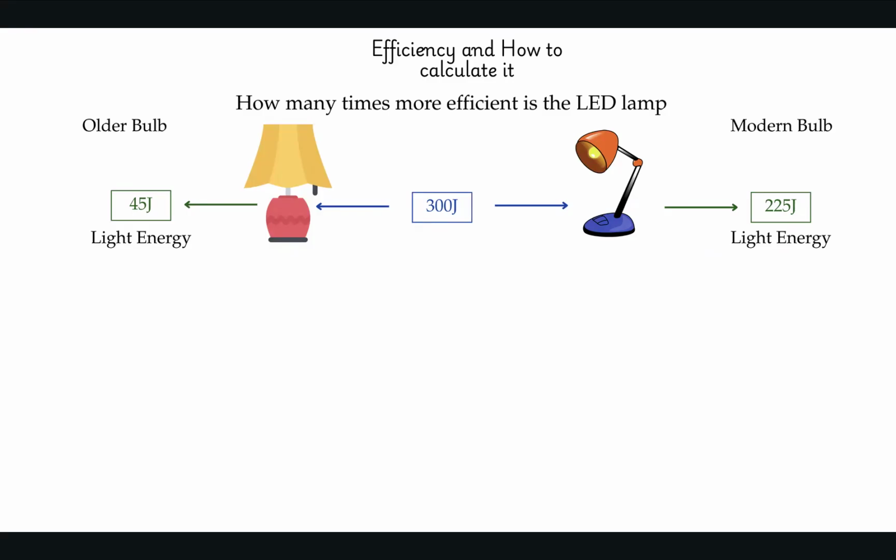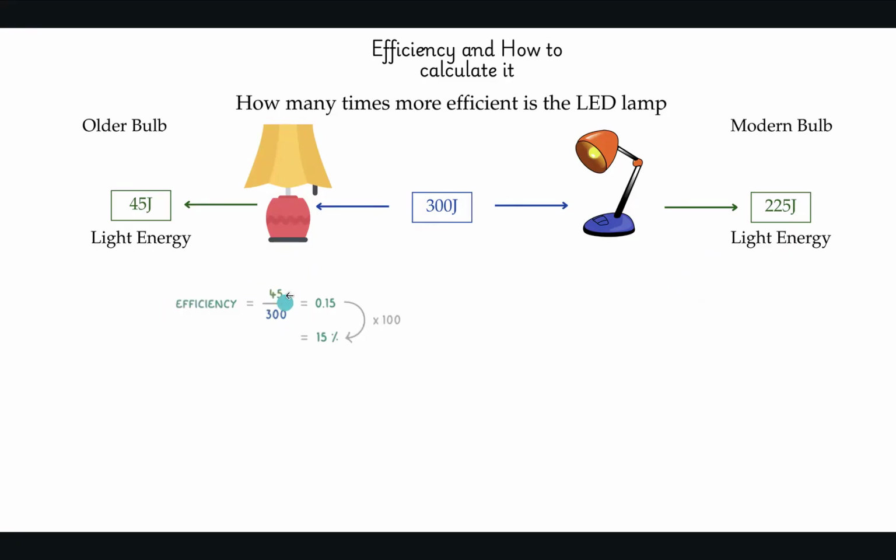So we supply 300 joules into each. The older bulb only gives us 45 joules of energy, and the newer bulb gives us 225 joules of energy. Now, how many times more efficient is the LED bulb compared to the lamp?